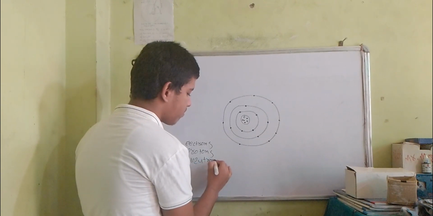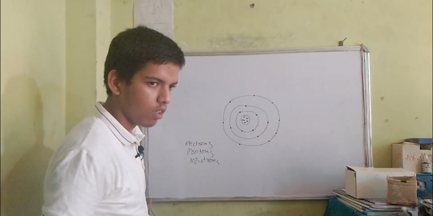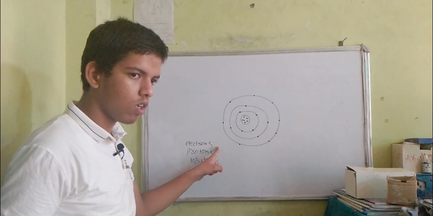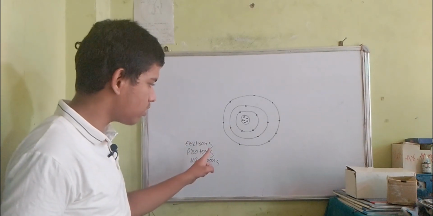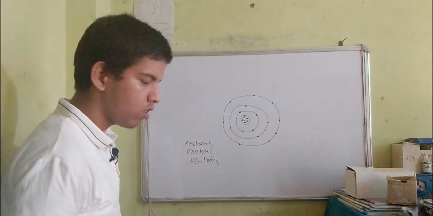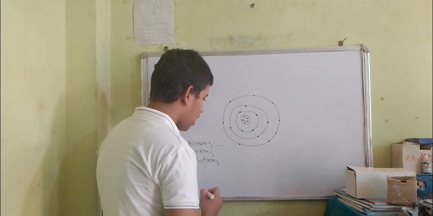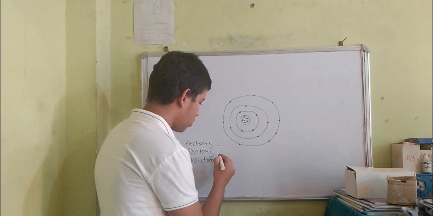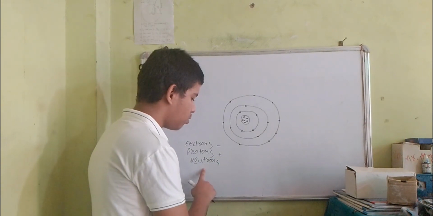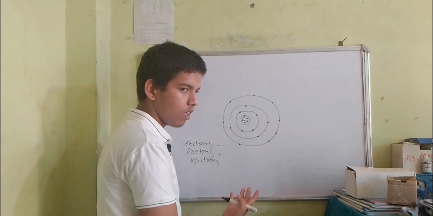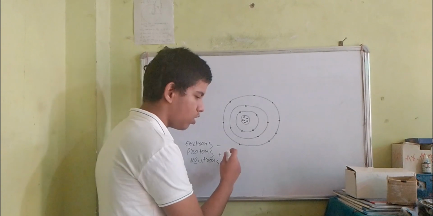These are subatomic particles. Which charge do electrons have? Negative. Electrons are negatively charged particles. Protons are positively charged particles, and neutrons are chargeless. They don't have any charge, meaning zero charge.